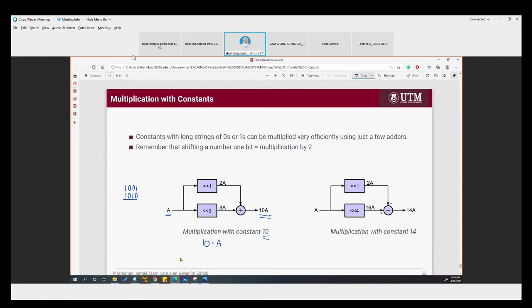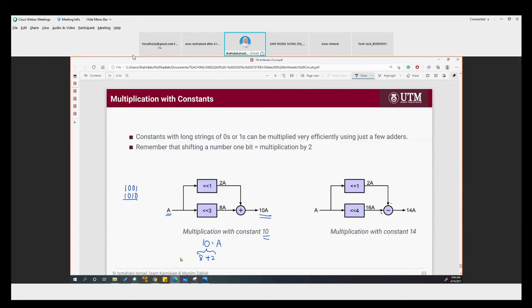For example, if you want to calculate 10A, 10 is equal to 8 plus 2. So we can calculate 8A by shifting it 3 times, and then we can calculate 2A by shifting A 1 time.